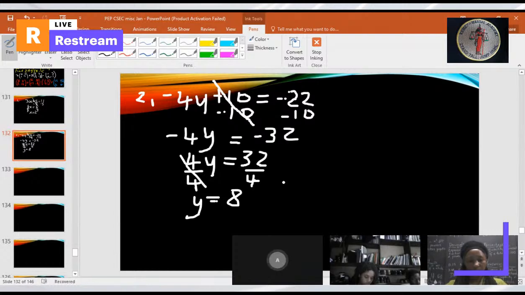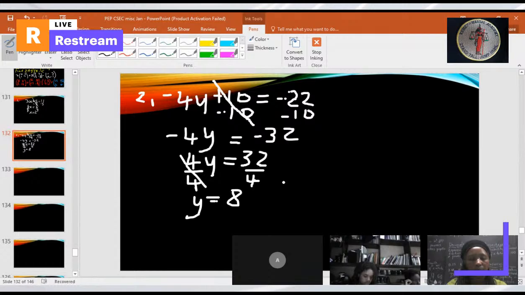Negative 4y times 8 plus 10 equal negative 22. You said negative 4y, but you're not to say the y now. You are to plug in the 8. So it will be negative 4 times 8. And that would give what? Negative 32.